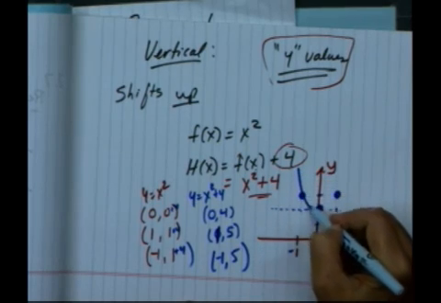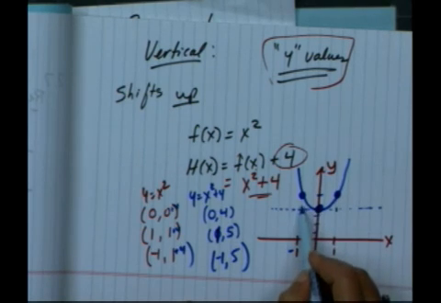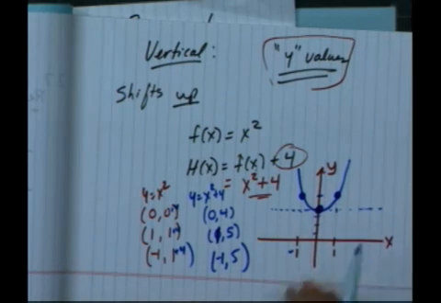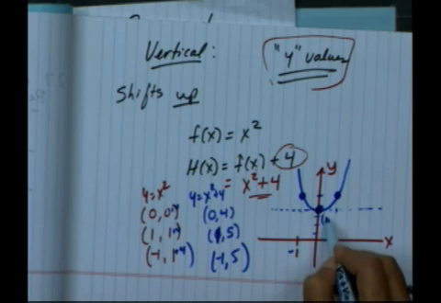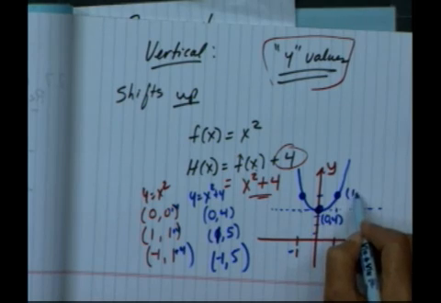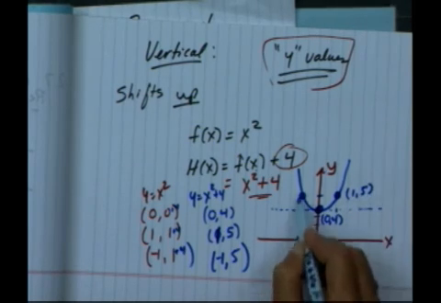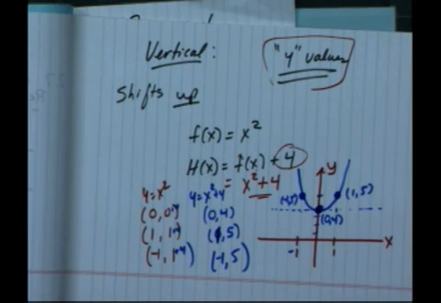And here's my good old graph y equals x squared. But really, I've taken the whole thing and shifted it up, so this point is 0, 4. This point is 1, 5. And this point is negative 1, 5. Pretty easy, huh?